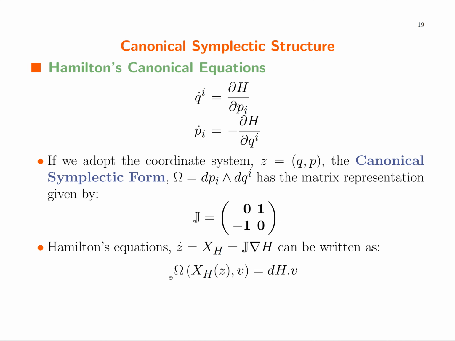Alternatively, you can write this in the sense of differential forms by taking a 2-form and putting down a vector field XH, and then an arbitrary vector field V, and then requiring that this is equal to the exterior derivative of H paired with this arbitrary vector field V. So this implicitly gives you a way of solving for this Hamiltonian vector field XH. This is a more intrinsic way, if you will, of describing these equations which we have here in coordinates.